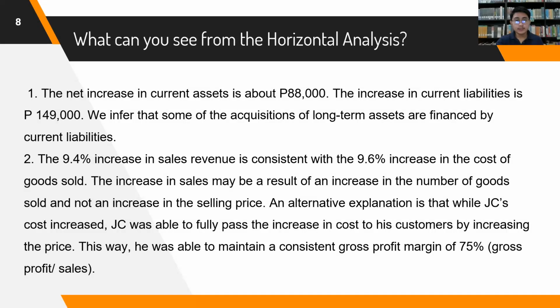So, okay. So what can you see from horizontal analysis? Okay, so the net increase in the current assets is about 88, and the increase in current liabilities is 149.49. We infer that some of the acquisition of long-term assets are financed by the current liability.